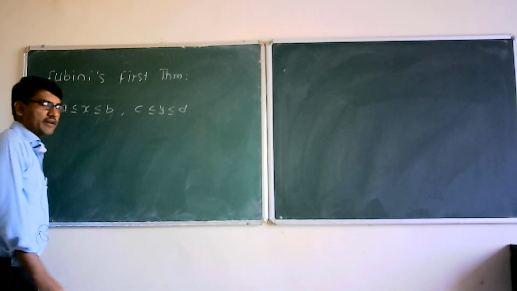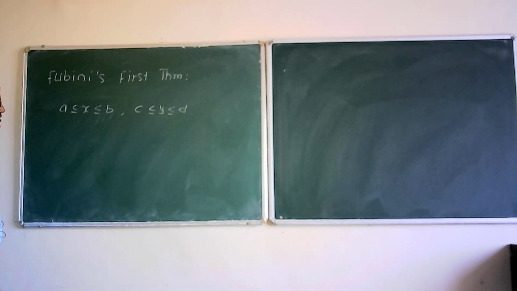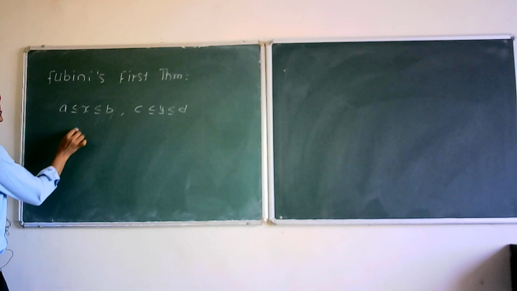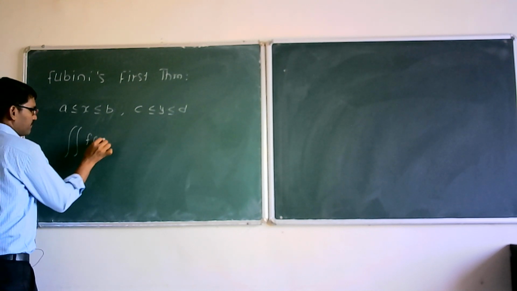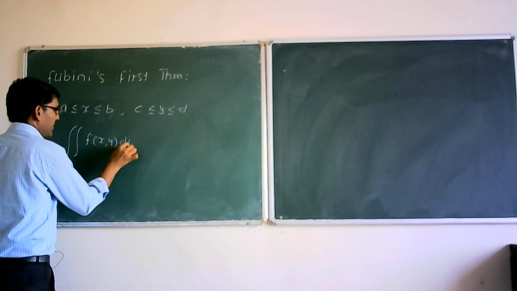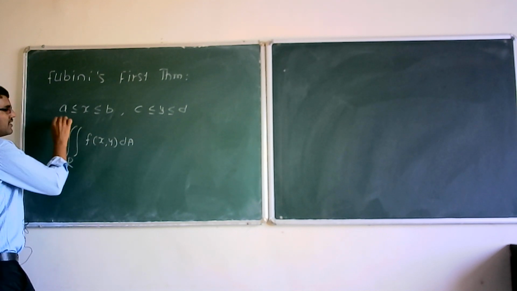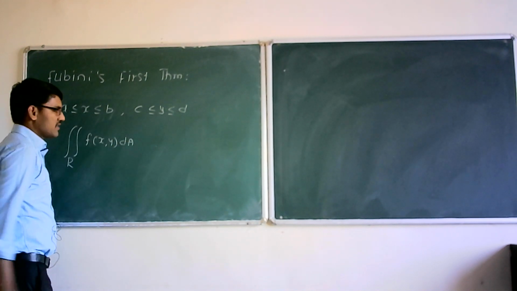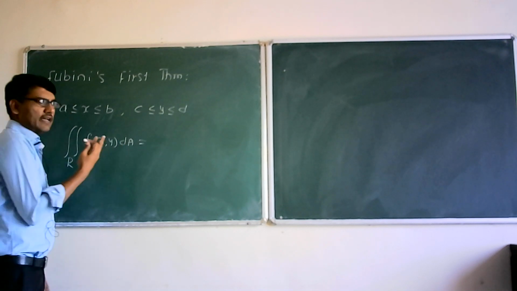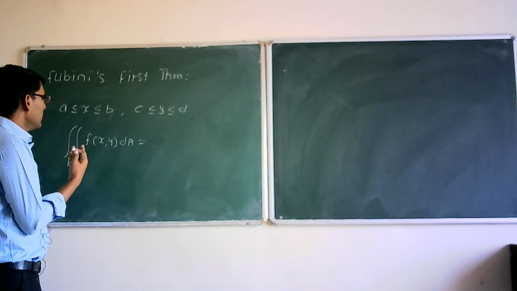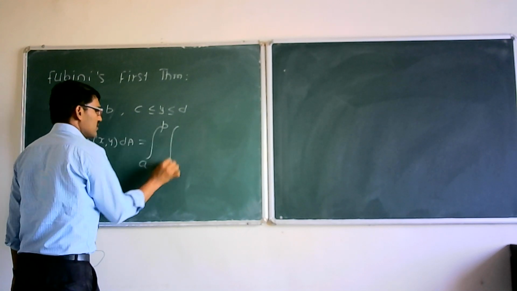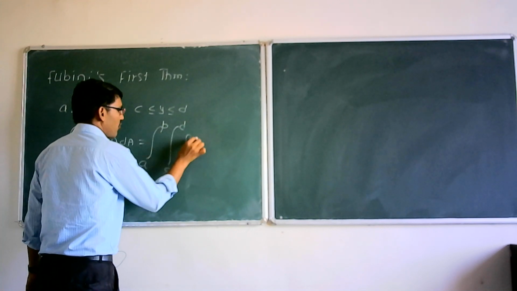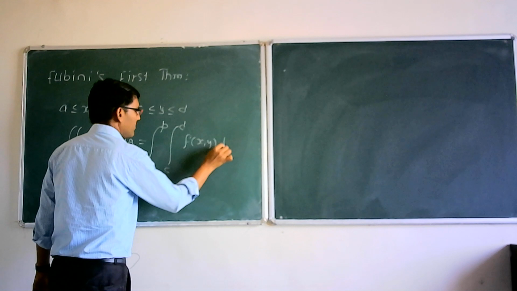Then you can evaluate the integral of f(x, y) over the region R, bounded by these two limits, maybe a rectangle or square, directly as the integral from a to b, c to d, of f(x, y) dy dx.